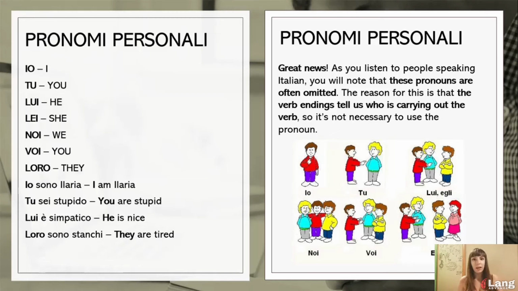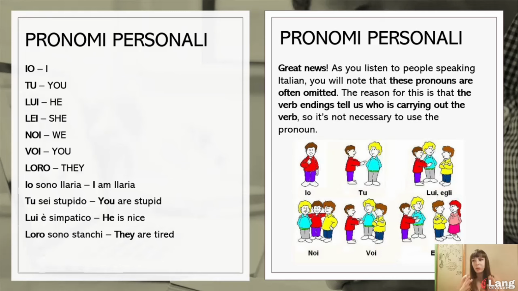That's why in Italian the pronouns are often omitted. So I can simply say sono Ilaria instead of io sono Ilaria, or sei stupido instead of tu sei stupido. Lui è simpatico, I can say è simpatico only. And loro sono stanchi can change into sono stanchi. Okay. So keep this in mind.